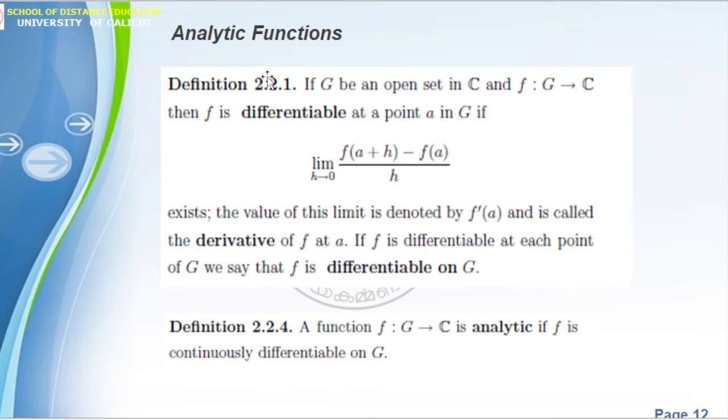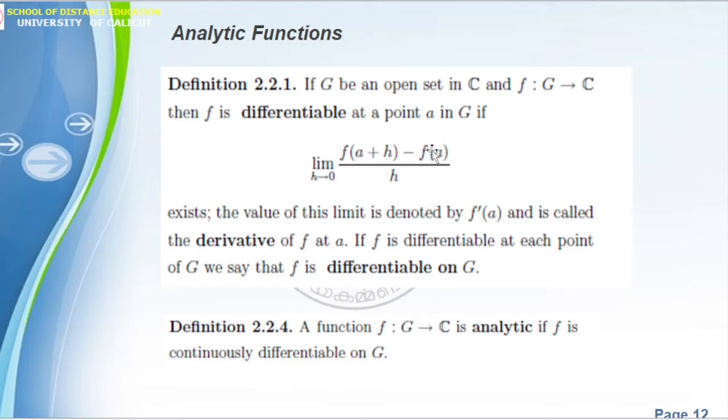We have what is called an analytic function. If G is a given open set in C and f is a function from G to C, the open set to the complex plane, then f is differentiable at a point a in G if the limit as h tends to 0 of f of a plus h minus f of a, divided by h, exists.